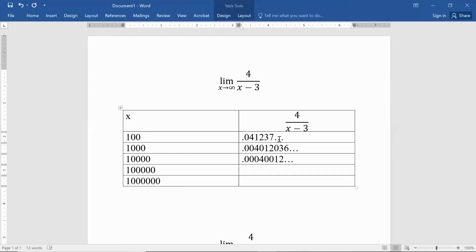You get a lot of scientific notation when you do this numerically, because these numbers are getting really, really, really small. 4 times 10 to the negative fifth, essentially. And then when you plug in 1,000,000, 4 times 10 to the negative sixth.